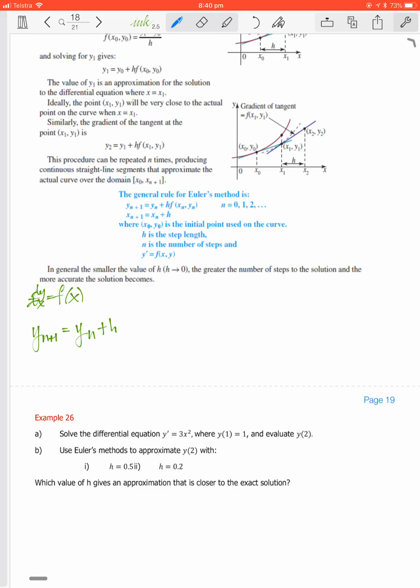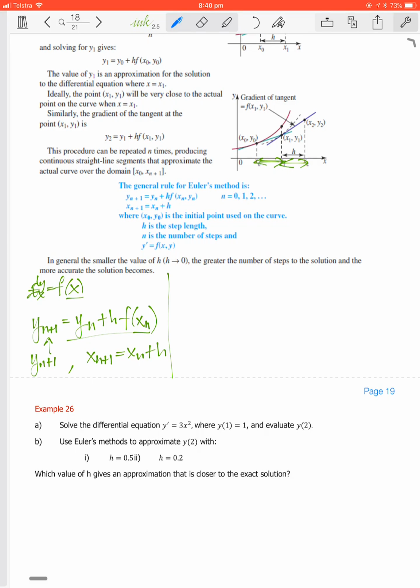So substituting xn into that function, multiplying it by h, gives our next y value. And xn+1 is just my previous x value, xn, plus h, the difference between each time we evaluate x. So that's if it was a function of x.